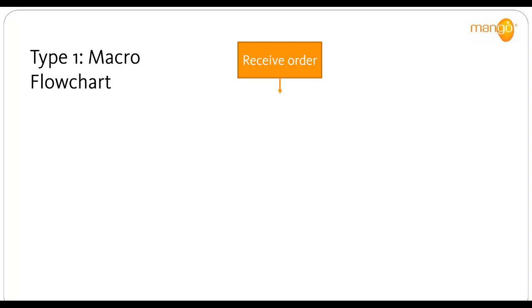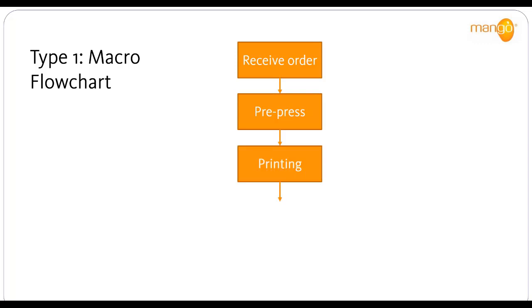In this particular case, this is Kiwi Labels, and this is the actual flowchart that we created. Just look at a very macro level, how do they do their operation? They receive an order, they do some pre-press work around proofing and artwork and plates and dies and things like that. Then it goes off to the printing machine to get printed, and then it gets finished.